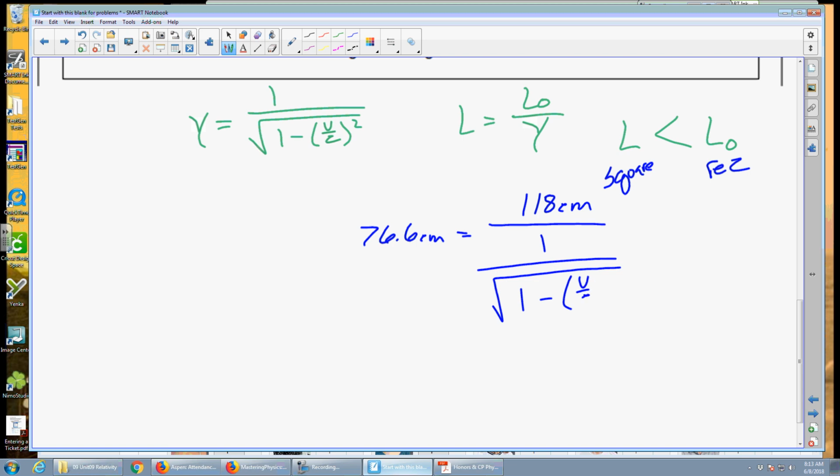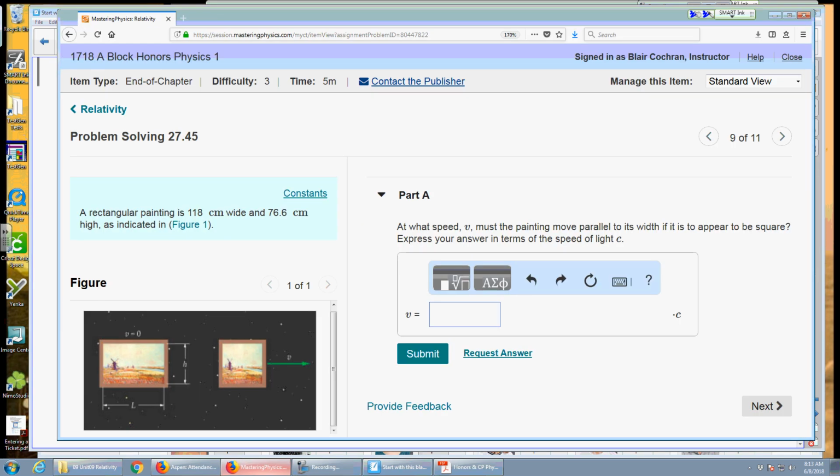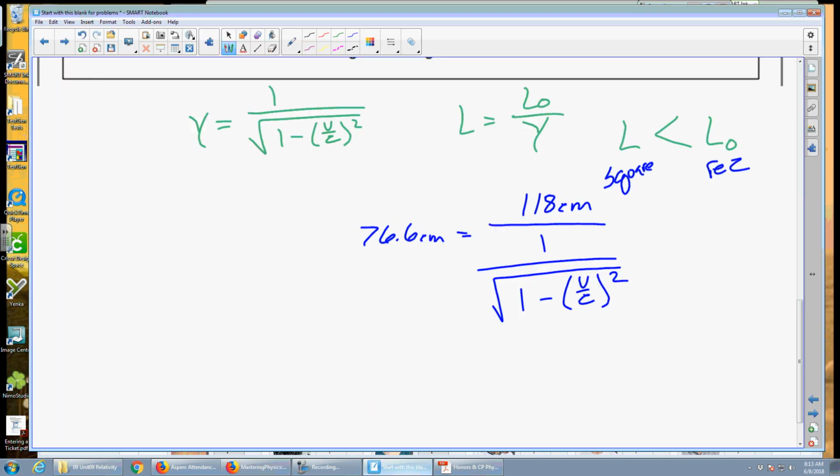Now, if you solve for v over c, rather than solving for v, you're going to get a number that really is your answer. Because look, they're looking for v in terms of c. So v over c is some decimal, 0 point whatever.